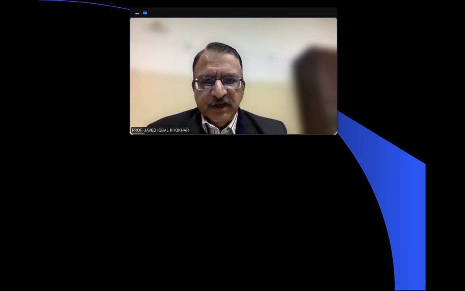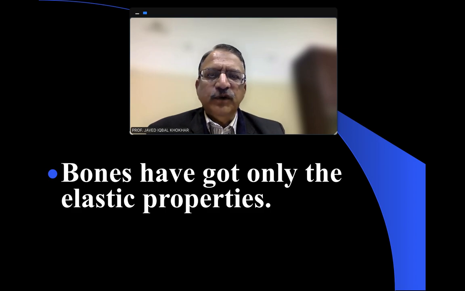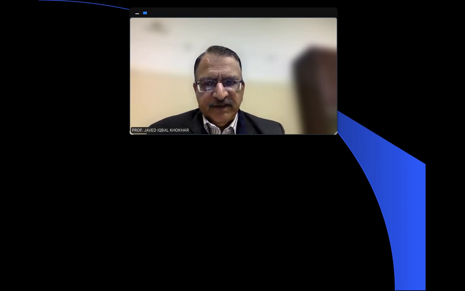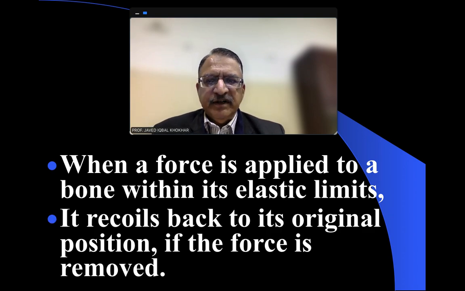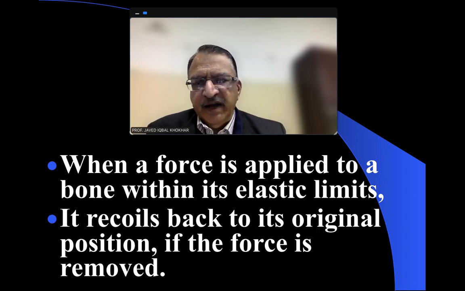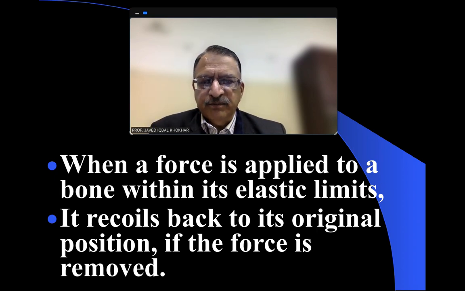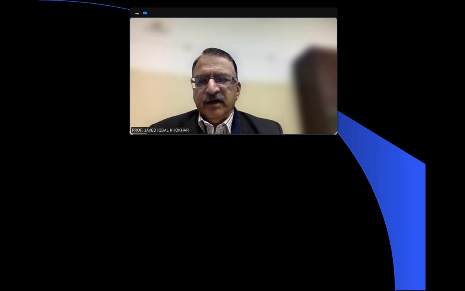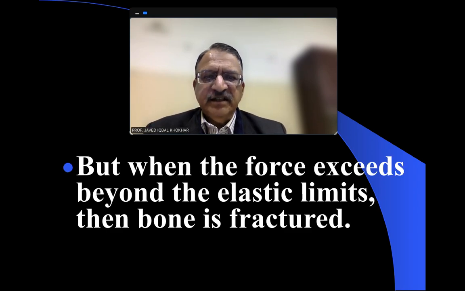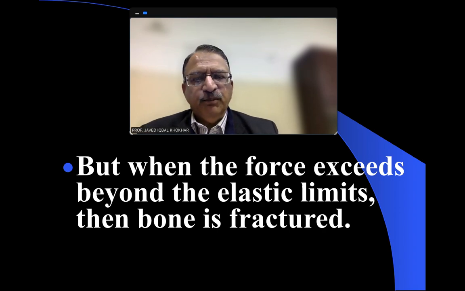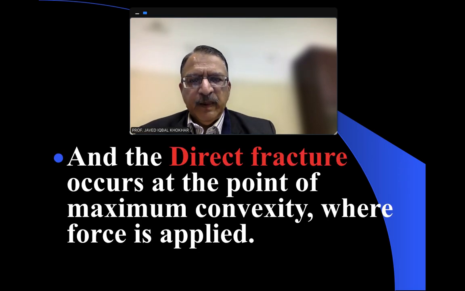Now the bones. The bones have got only elastic properties. And when a force is applied to the bone within its elastic limit, it will recoil back to its original position. But when the force exceeds its elastic limit, then the bone will be fractured.